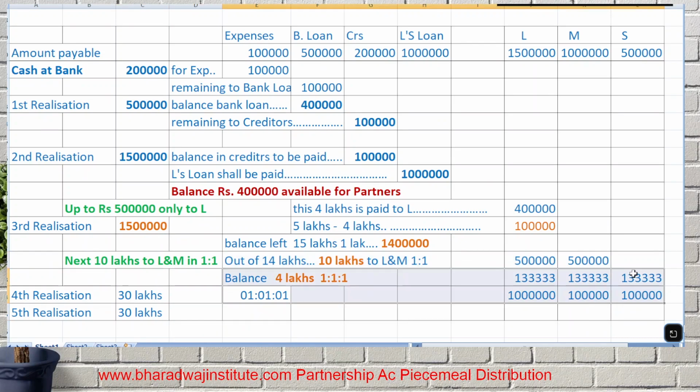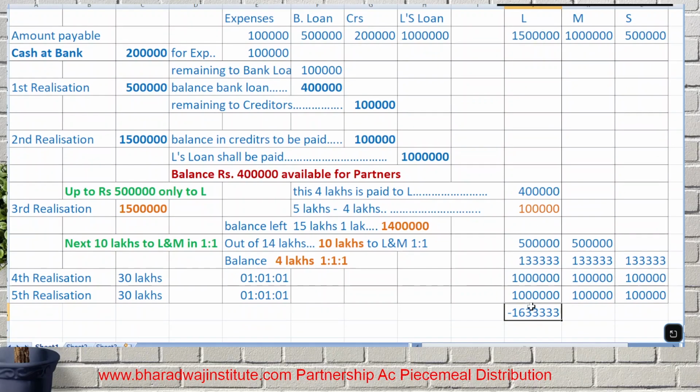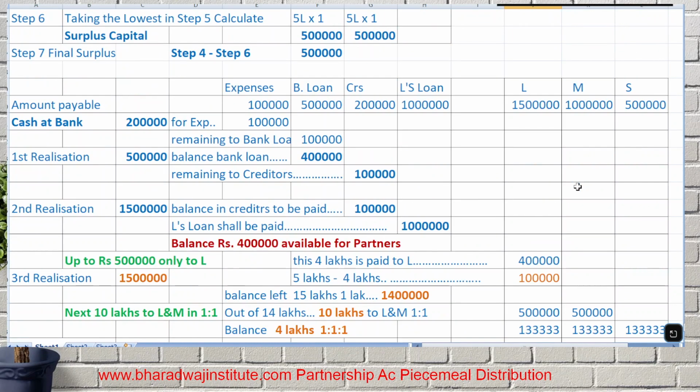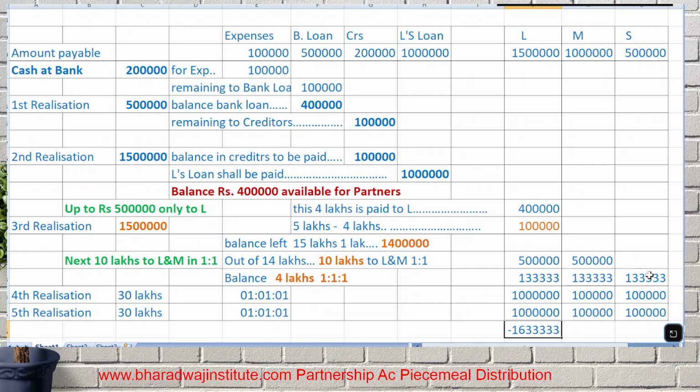Same. So the final unpaid balance will be 15 lakhs minus all these payments. There is no unpaid balance, there is a surplus. We would have paid an excess amount.